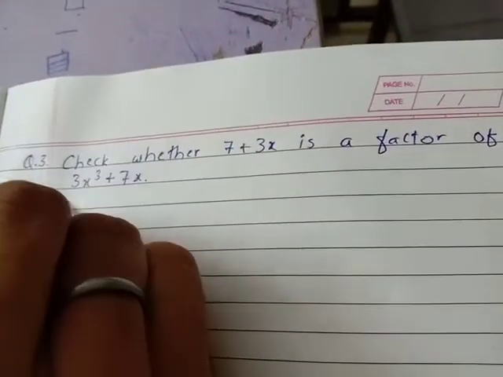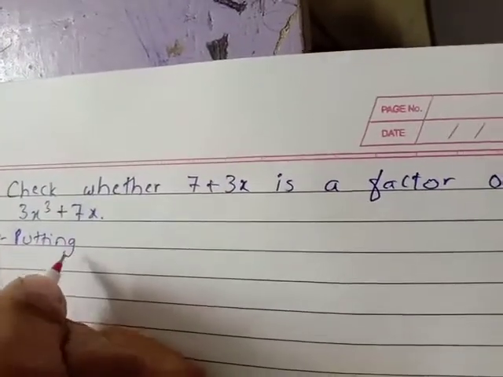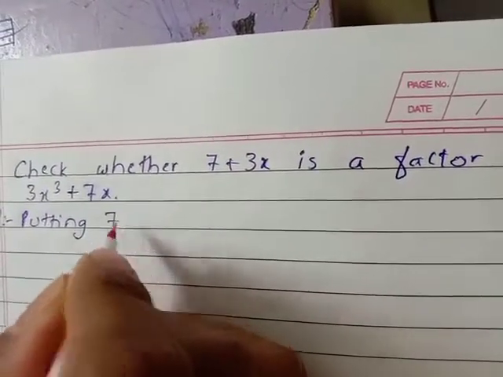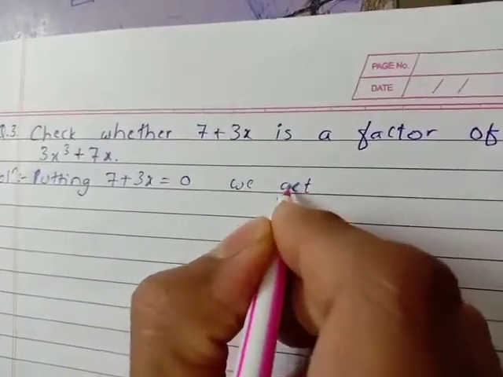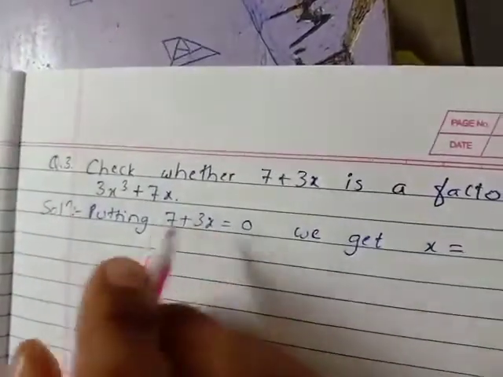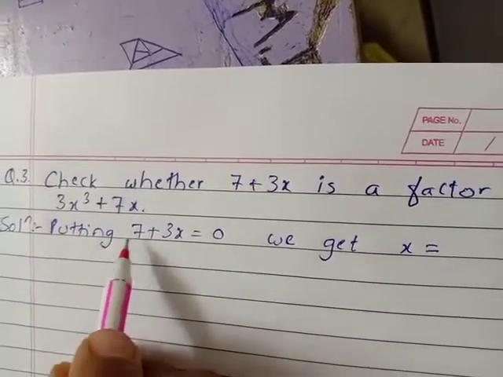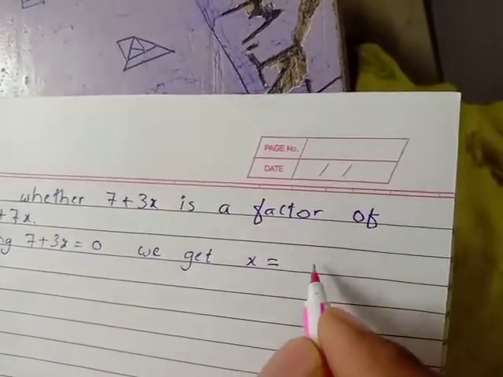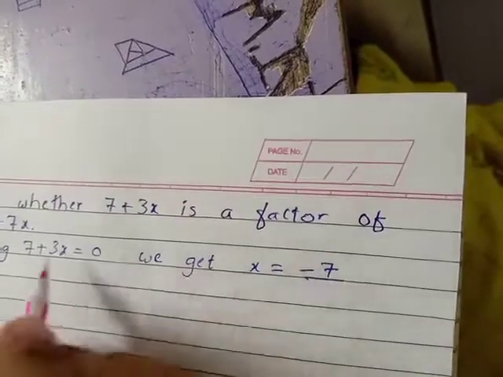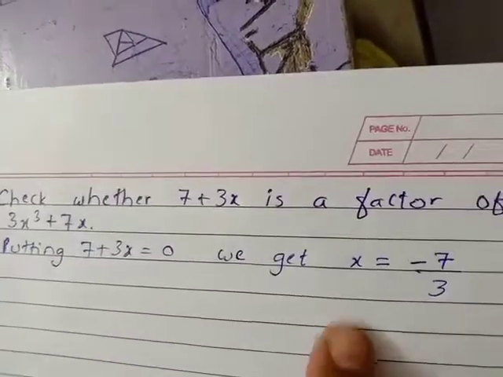So putting 7 plus 3x equal to 0, we get the value of x equal to, let x remain on this side, take 7 on this side, so plus will become minus 7, and 3 into x, so this 3 will go to the denominator. So the value of x is minus 7 by 3.